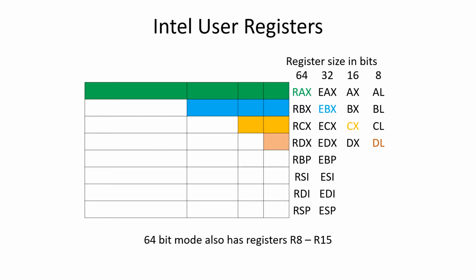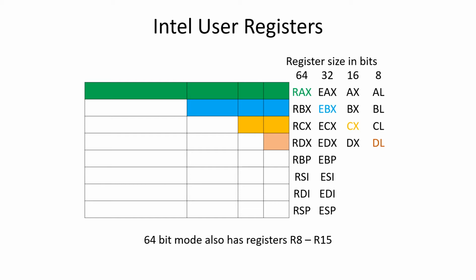Intel has registers as 8 or 16 registers, the initial 8 registers followed by the 64-bit extensions R8 to R15. But the original ones have different sizes. Long ago, when it was a 16-bit machine, they referred to the register as AX. And then when they moved to 32 bits, they called it the extended or EAX register.